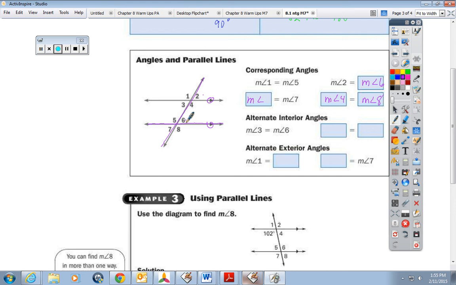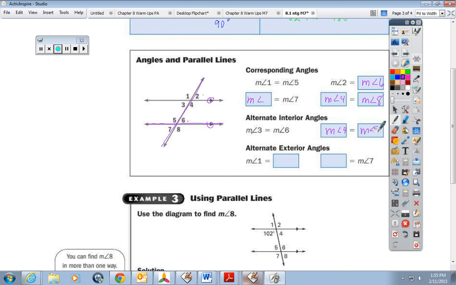So this is the bottom left, right? And this is the top right. So the bottom left matches the top right. Equally so, the measure of angle 4, which is the bottom right, is going to match the top left, the measure of angle 5. That's the alternate interior angles.